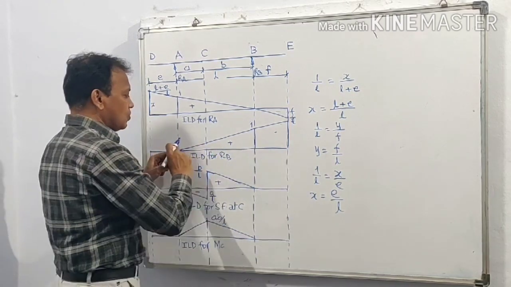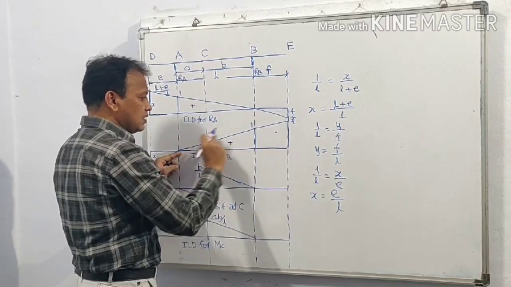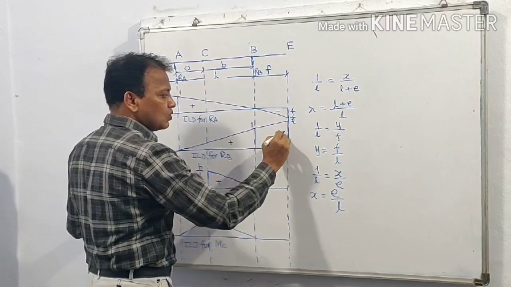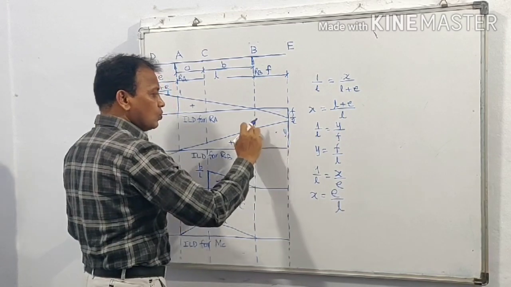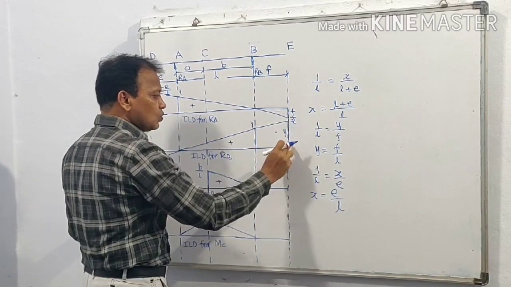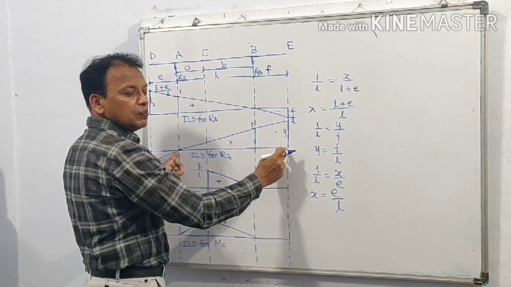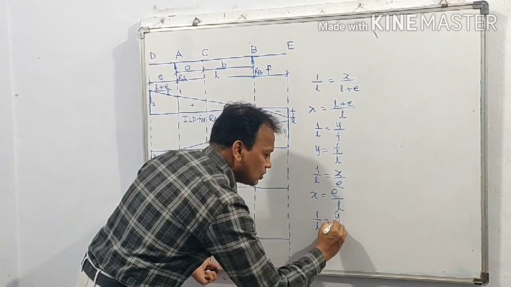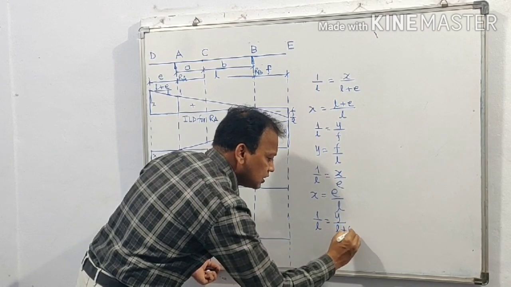Now here, first triangle, second triangle. 1 upon L is equal to y upon L plus F, where y is this ordinate.